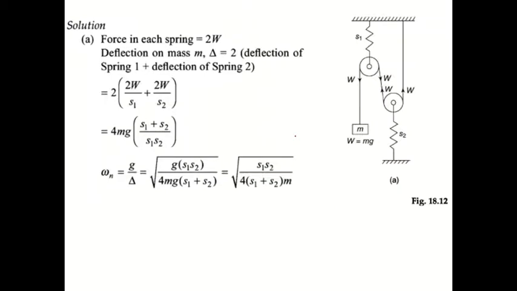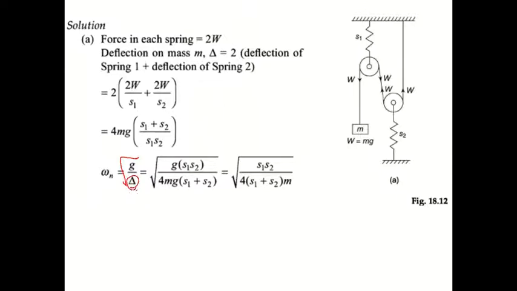Let us take case 1. For each spring, the load is 2W. For angular frequency, the formula is root of g by delta, where delta is the deflection.